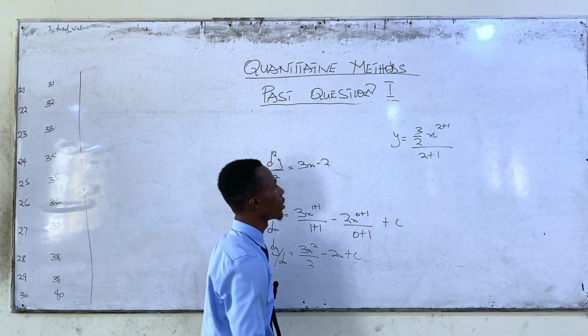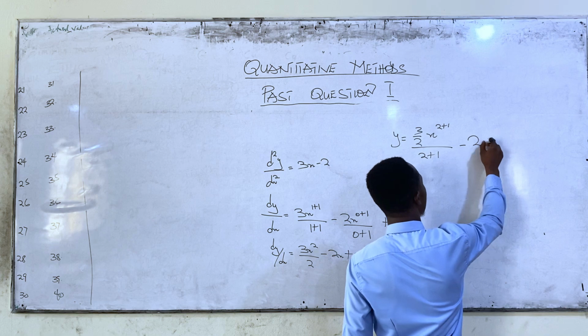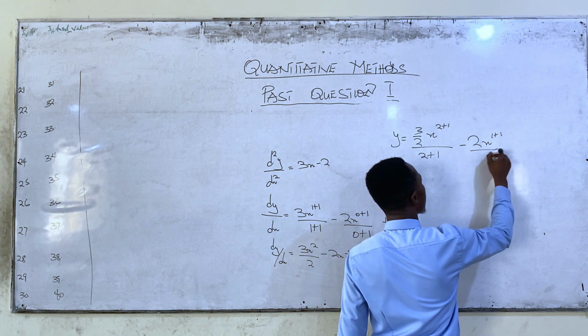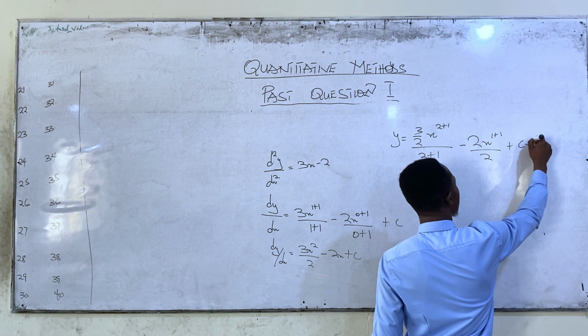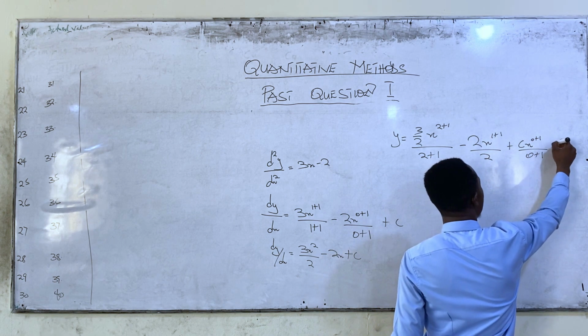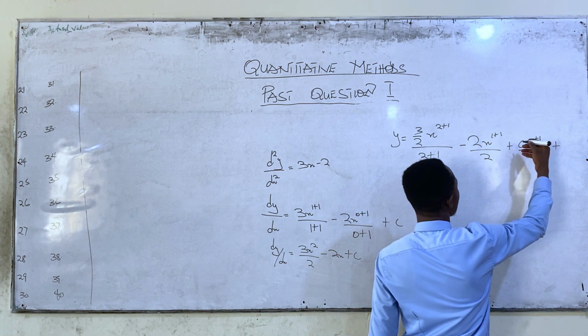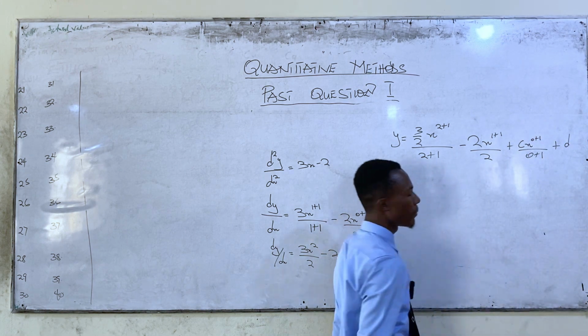And we also have minus 2x to the power 1 plus 1 over 2. We have plus c, then there is x exponent 0 plus 1 here, so we bring 0 plus 1, plus, now that we have c, we are introducing another variable again, d.